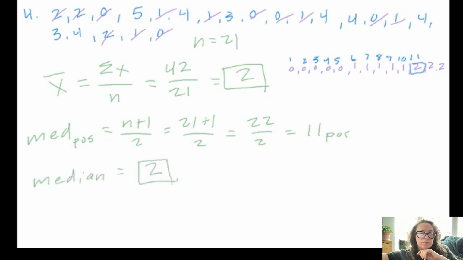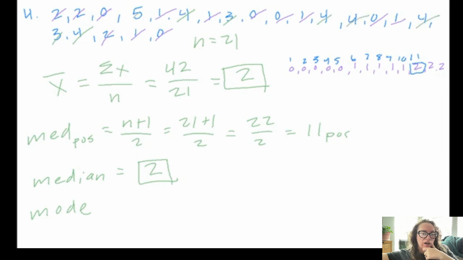Okay, and then for our mode, we just need to do a little bit of counting, right? So we have 5 zeros, 5 ones, 3 twos, and we have 2 threes. We have 1, 2, 3, 4, 5 fours. Then we only have 1 five.